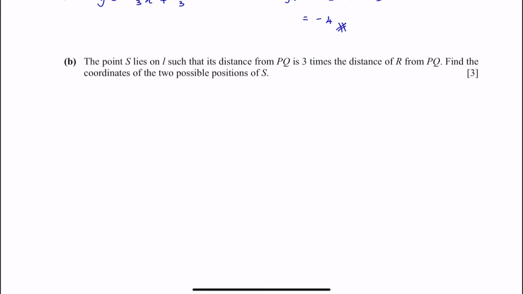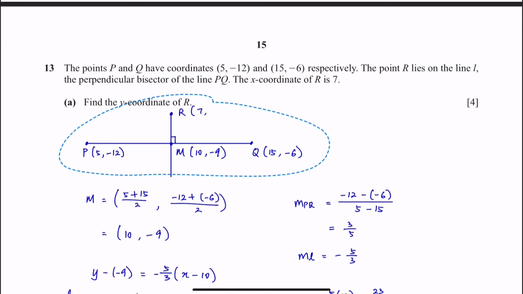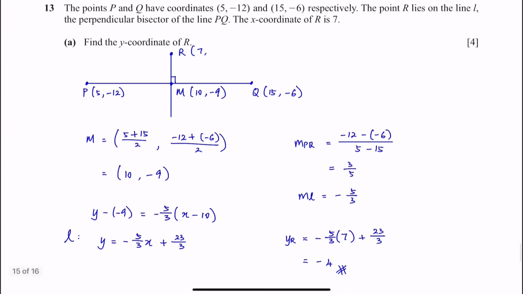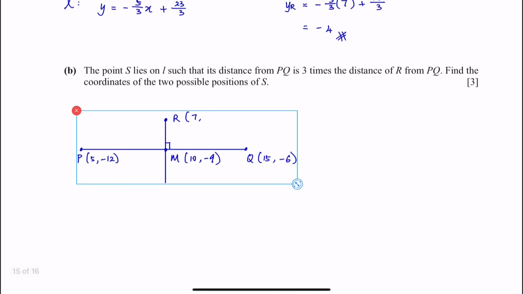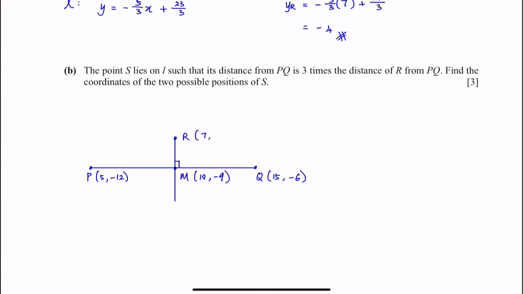For part B, the point S lies on L such that its distance from PQ is 3 times the distance of R from PQ. So let me copy this diagram. So S is 3 times the distance of R from PQ.